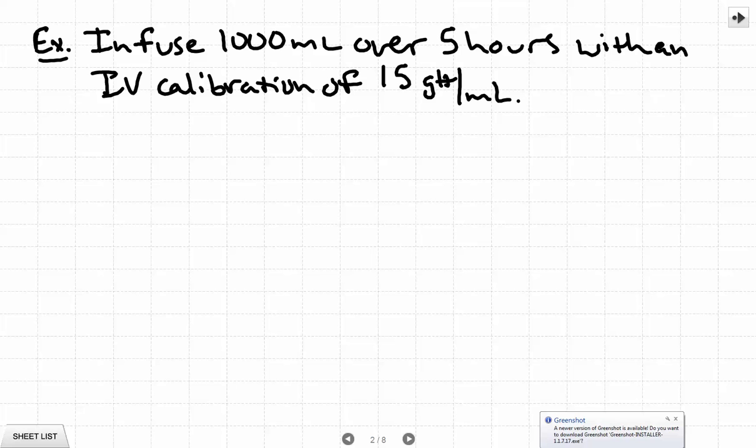So as you stand there and watch the drops go through the IV chamber, every time 15 drops goes by, that's equivalent to 1 milliliter of fluid. And what you want to do is determine an observable drip rate.